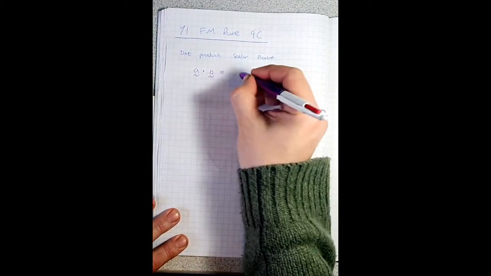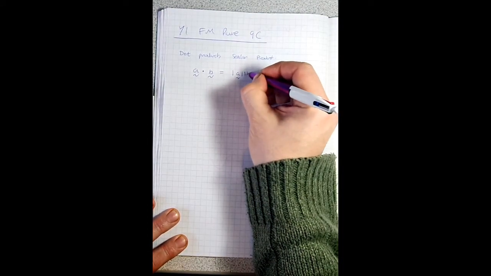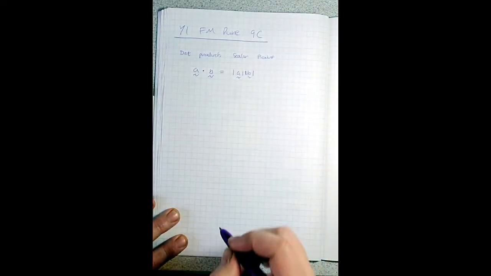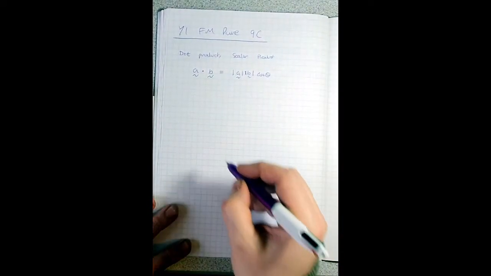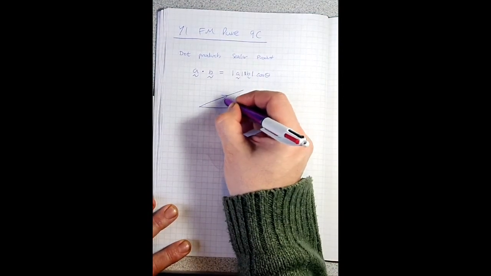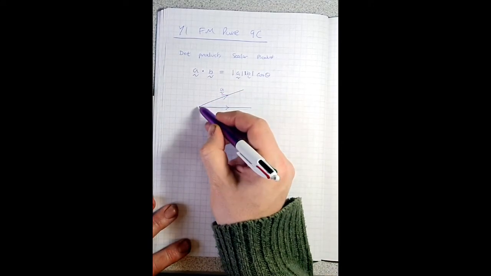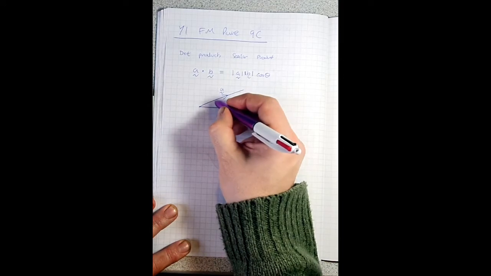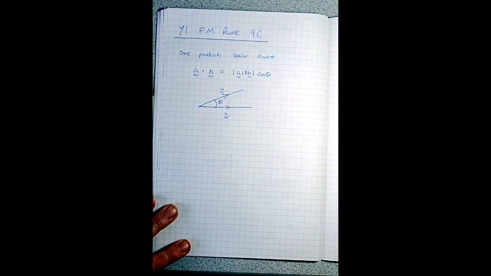It's defined as modulus of A multiplied by modulus of B multiplied by cos theta. And if I have the two vectors going away from a point, and that's important, they both need to be going away from a point, then theta is the angle in between.